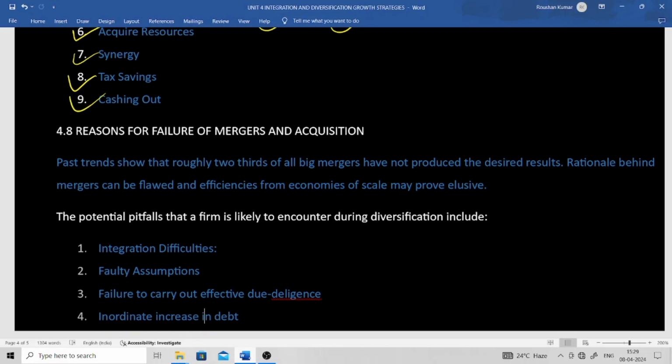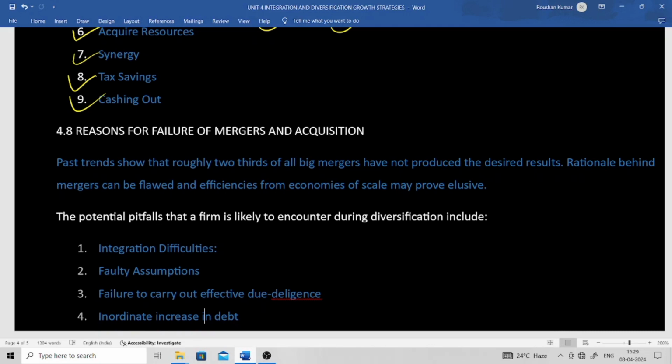So past trends show that roughly two-thirds of all big mergers have not produced the desired result. The rationale behind mergers can be flawed, and inefficiencies from economies of scale may prove elusive.